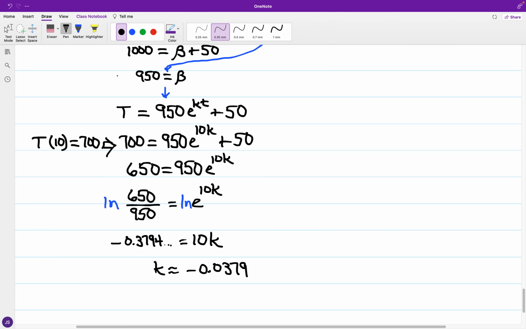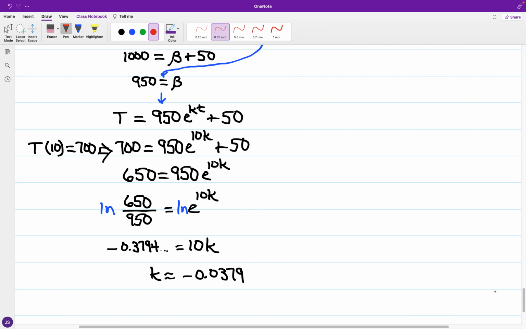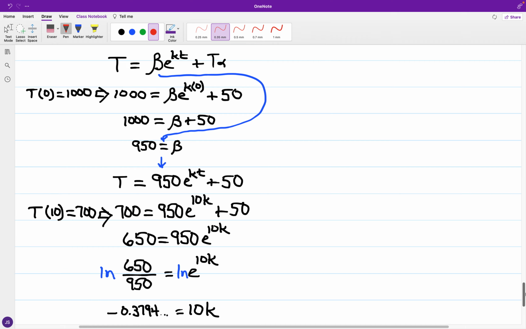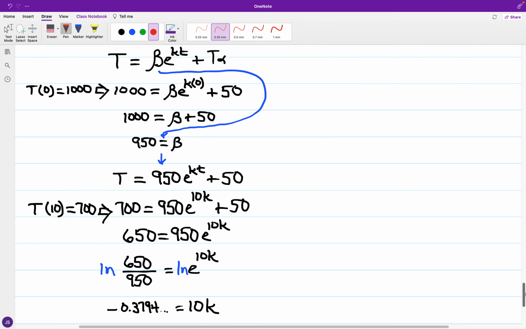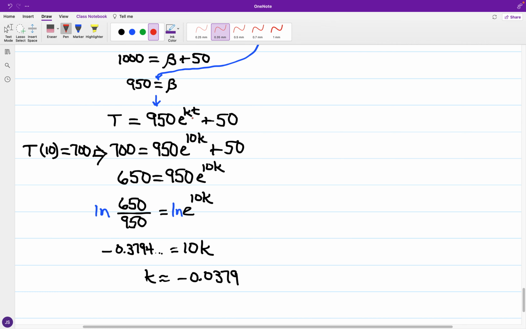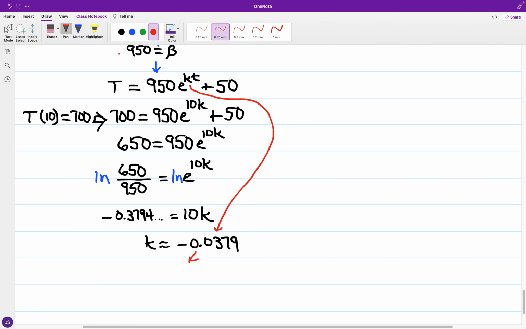So in the development, we start out with Newton's law of cooling, and we solve for the constant beta, which was 950, and now after 10 minutes, doing our calculations, we were able to approximate the value for k, specifying further the values involved utilizing Newton's law of cooling.